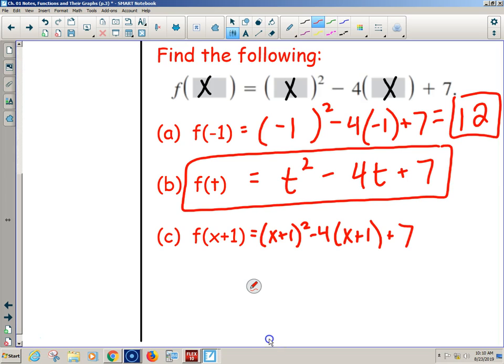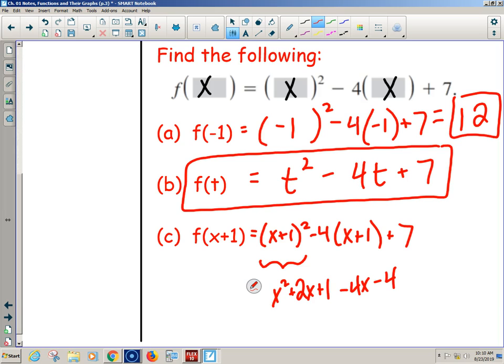But let's assume you didn't make that mistake. Let's assume you foiled it like you were supposed to, and you got the proper simplification of this: x squared plus 2x plus 1. And let's assume you also didn't make the other mistake, meaning you have a minus 4x and a minus 4, not a plus 4, because you realized this was plus a negative 4, and the negative had to go to both, not just the 4.